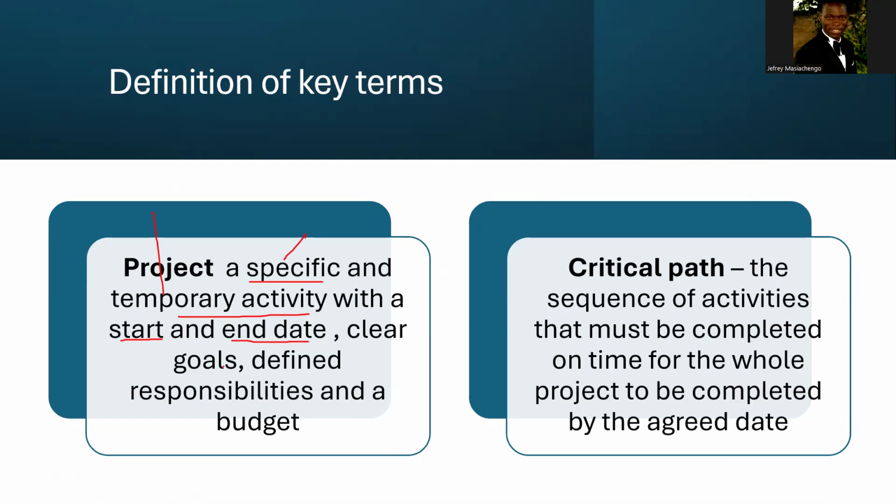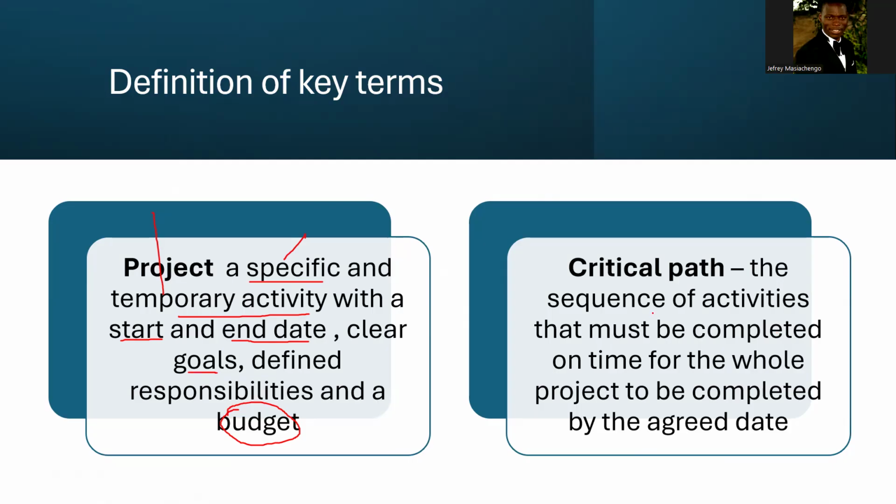That activity should have clear goals, and that activity should have a budget. So we are saying, I'm running a project. What are you referring to? You are saying I have a specific and temporary activity which has a specific start date and a specific end date. I think that one is very clear.